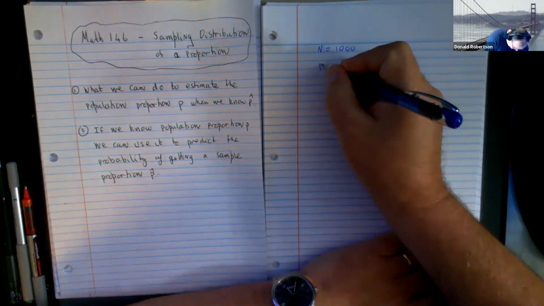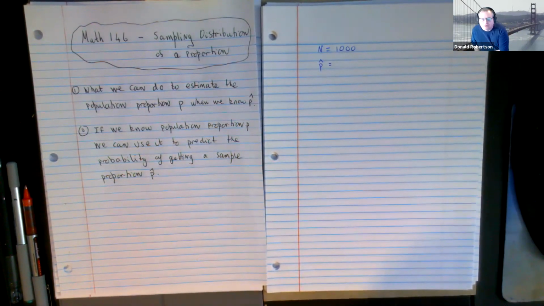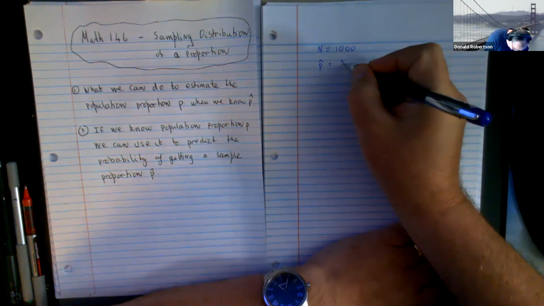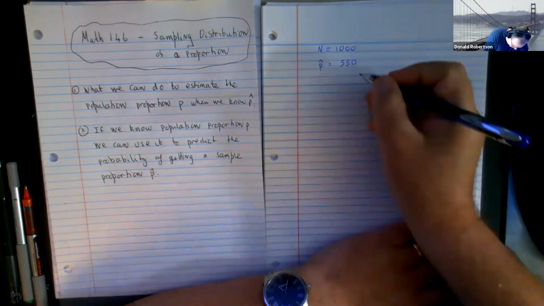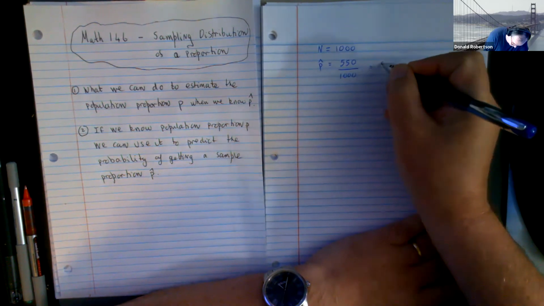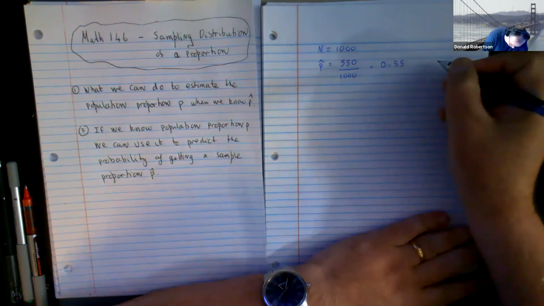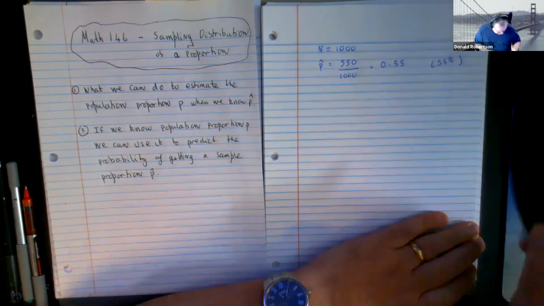And we ask them, are you going to vote Republican? And you say yes or no. And 550 of them said they were going to vote Republican. So we get 0.55, which of course is 55%.